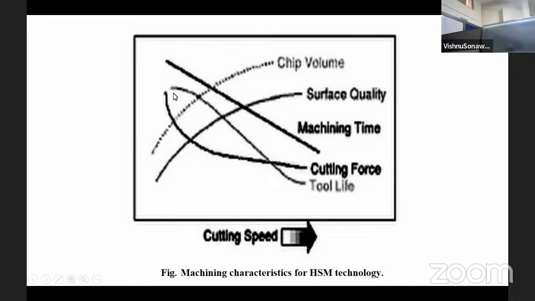Cutting tool life is more for less cutting speed, but when we increase the cutting speed, the tool life drastically moves down and is minimized. But this is the most important challenge: the life of the cutting tool should be increased in the high-speed machining center. These are the machining characteristics for high-speed machining technologies.